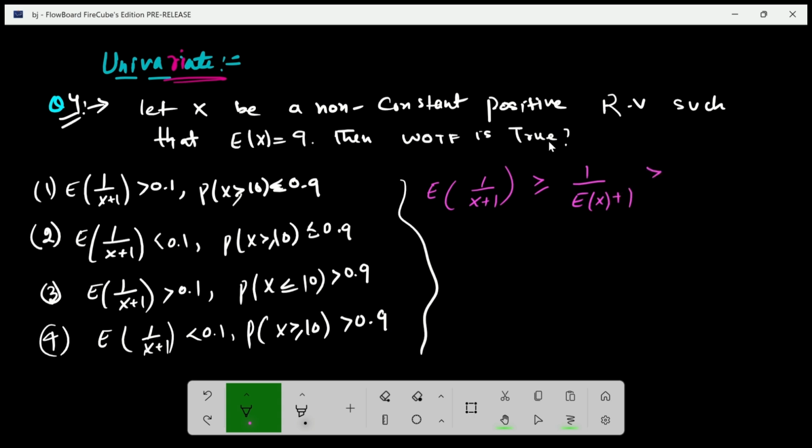So this is greater or equal to 1/(what's expectation of x? That's 9. 9 plus 1 is 10). So this is equal to 0.1. So expectation of 1/(x plus 1), wait a minute, here it was greater than. So this is greater than 0.1.